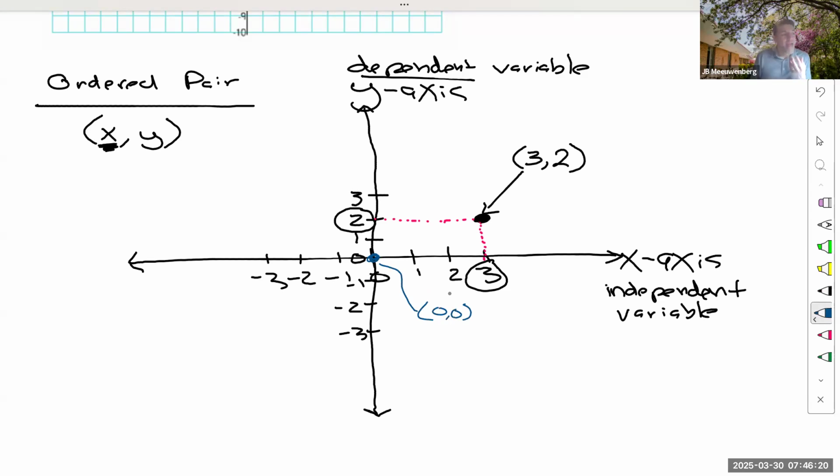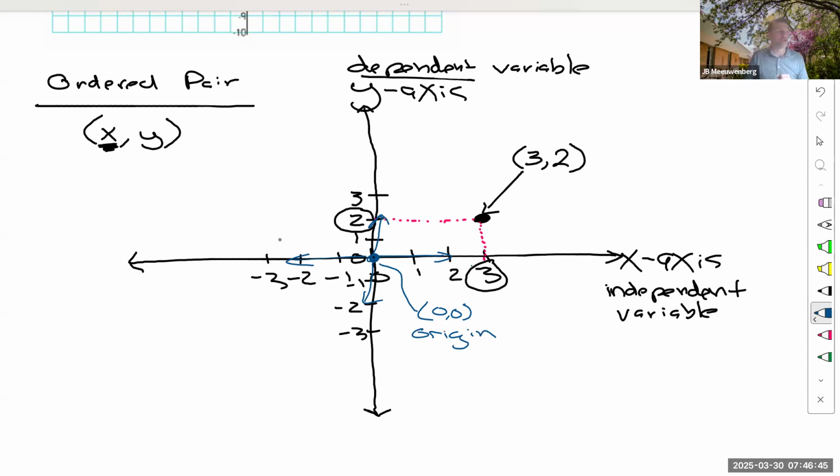And if we think about all the numbers just starting at that point, the x-axis starts at that point and goes in both directions. The y-axis starts at that point and goes in both directions. We can say that everything originates from that point. And so we call it the origin. That point is called the origin.